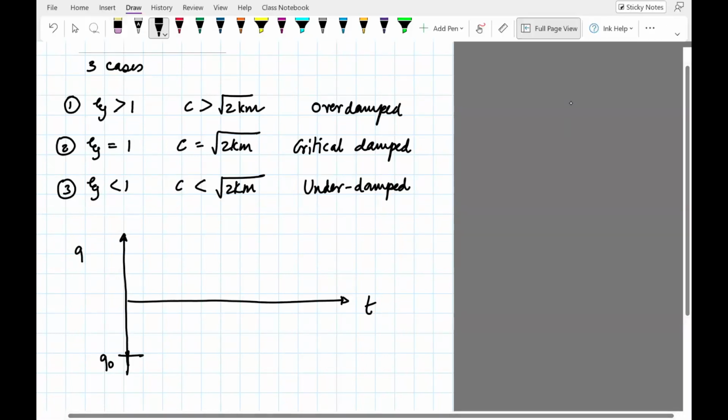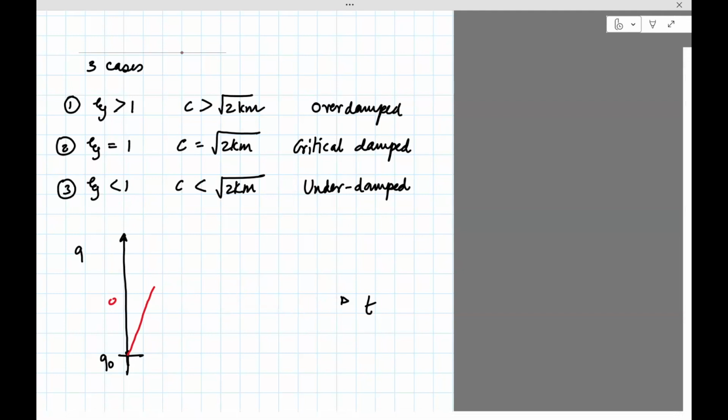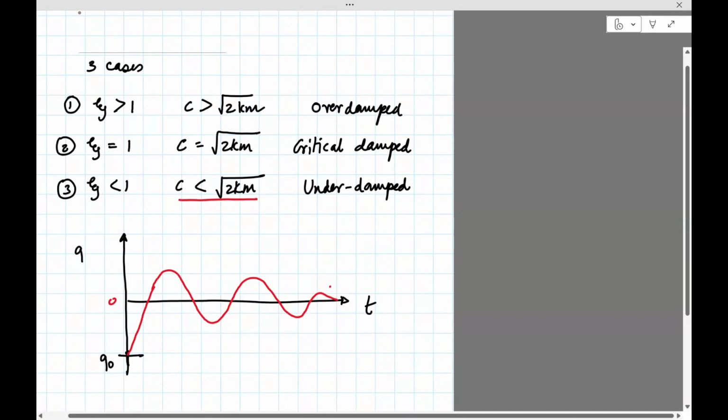So once you let it go, depending on the damping, you'll get different things. If it was underdamped, then you'll see that it will shoot up from zero and go down and slowly damp, going to zero. This is the underdamped case.